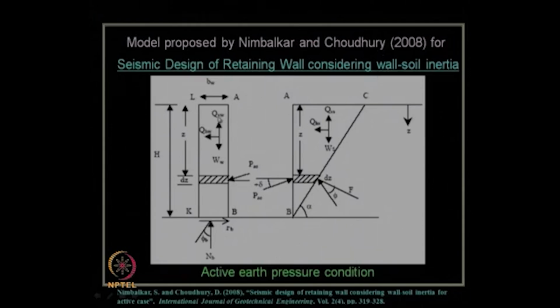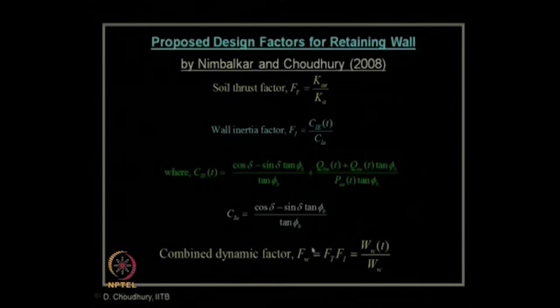How to find out the weight of the wall required under earthquake condition has been proposed through this combined dynamic factor, which is nothing but the ratio of the weight of the wall required under the dynamic case to the weight of the wall required for the static case, with respect to sliding stability.